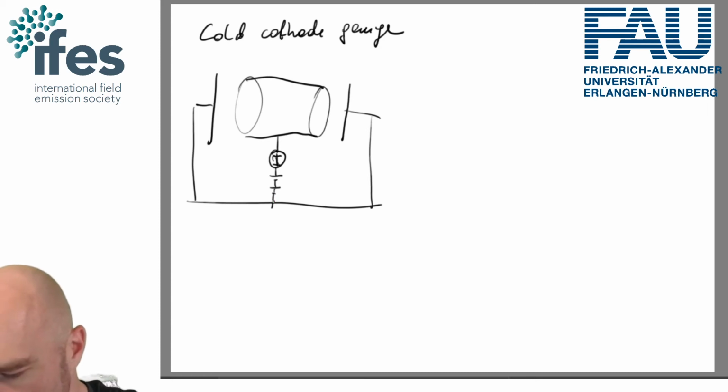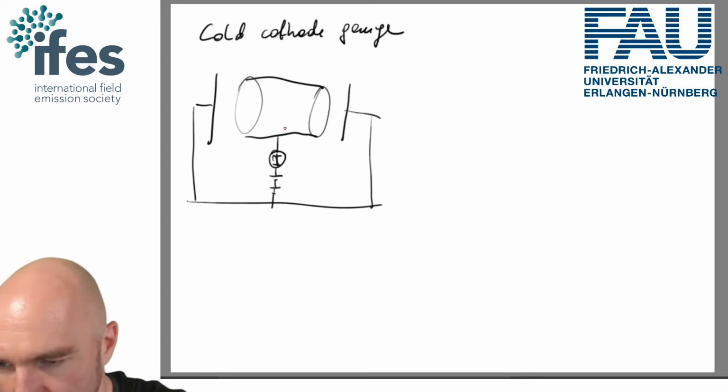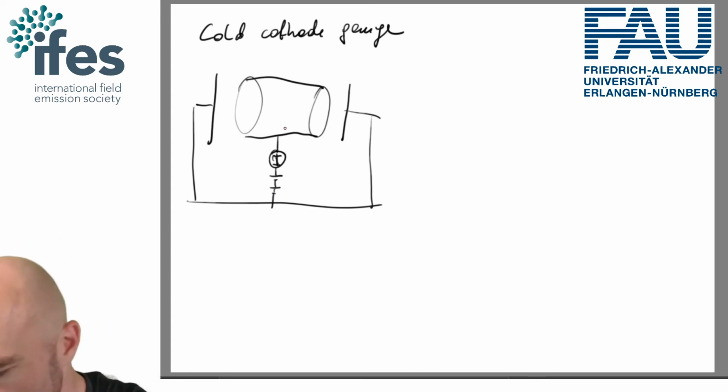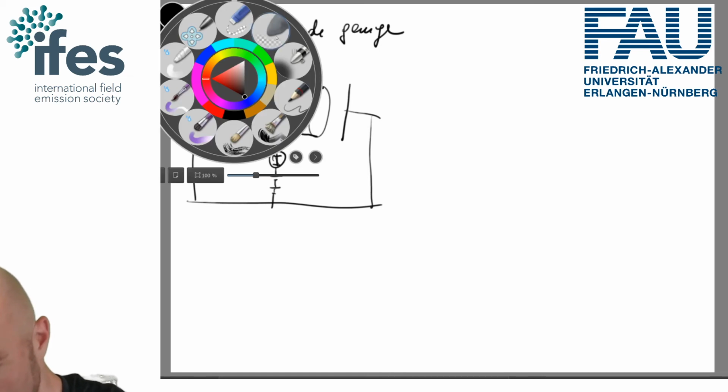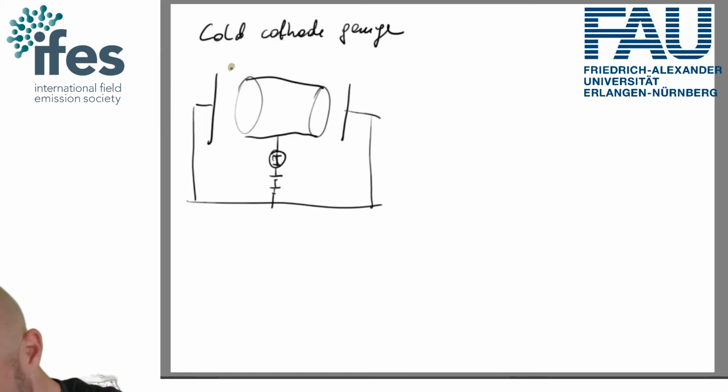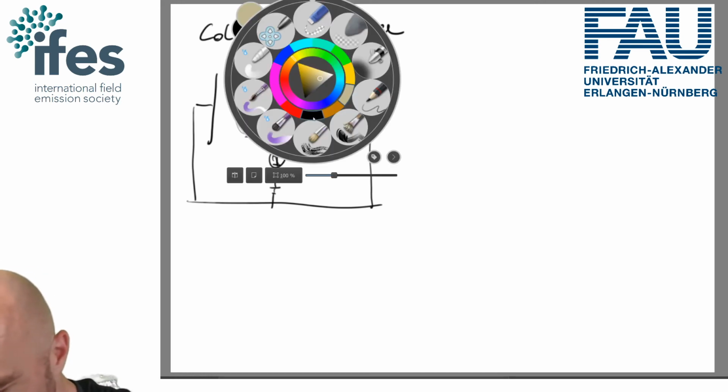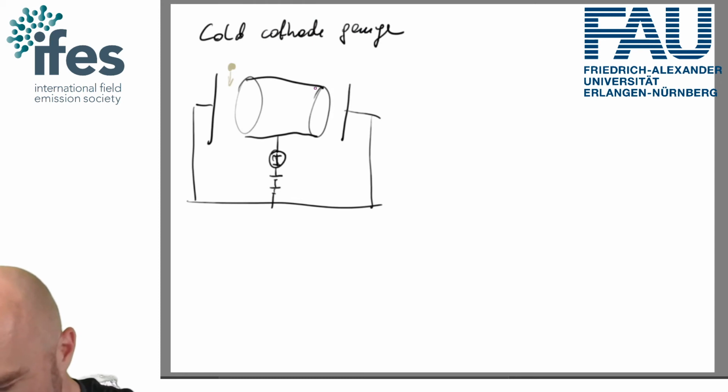And just like with the ion getter pump, what we get is any neutrals coming in, and the neutrals are going to be hit by electrons that have been ionized by previous electrons.